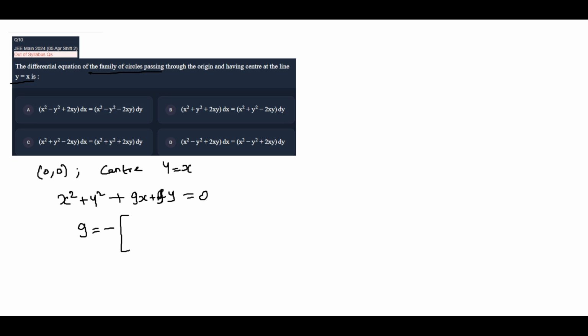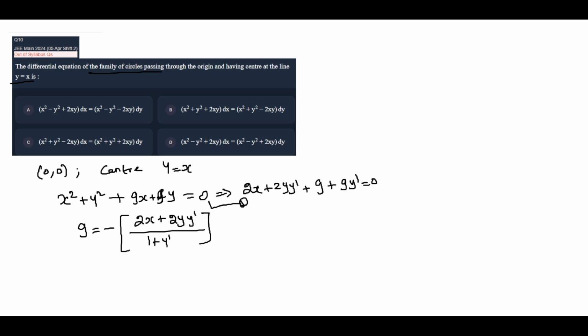Now if you differentiate it, what do you get? x square will be 2x plus 2y y dash plus g y dash equal to 0. So g equals minus of 2x plus 2y y dash by 1 plus y dash. Consider this equation as 1. Now substitute in equation 1.